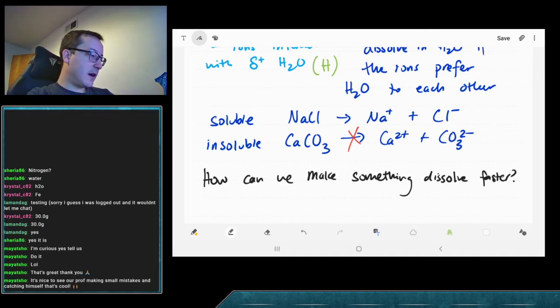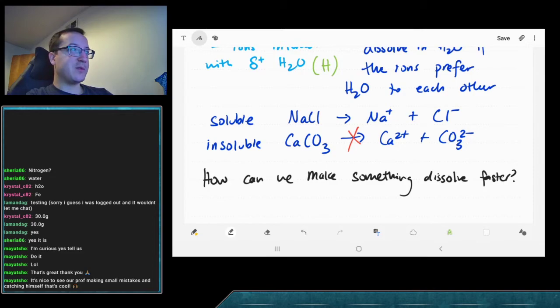So it is time for your beverage in the afternoon or whatever. Let's say you're having iced tea, and you like your iced tea a little bit on the sweet side. If you wanted to dissolve some sugar into your iced tea, how might you get it to dissolve faster?